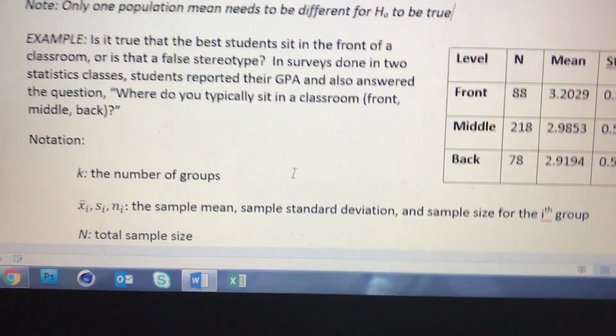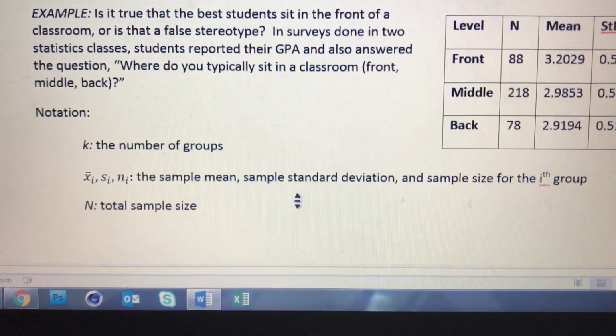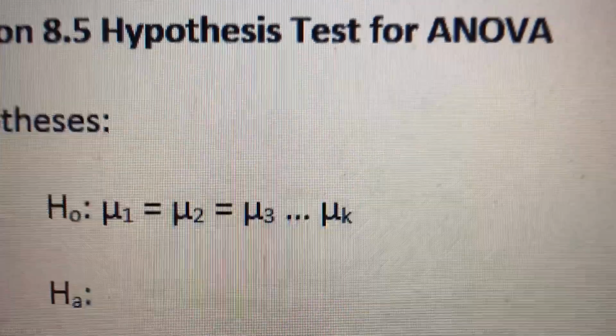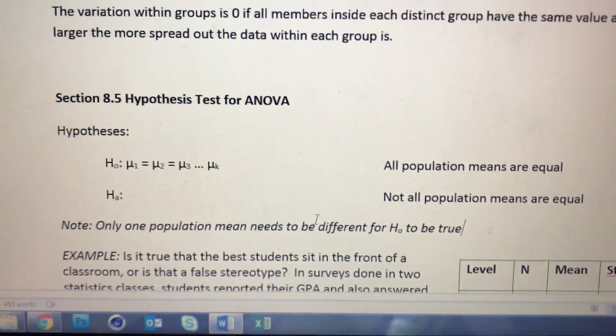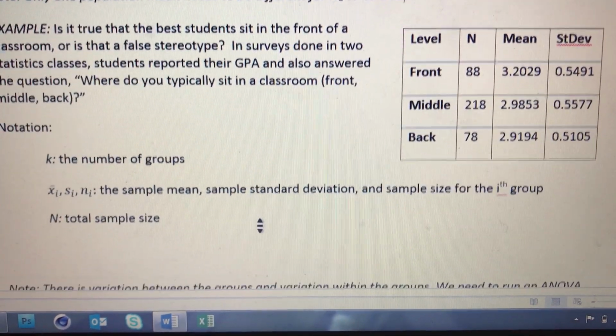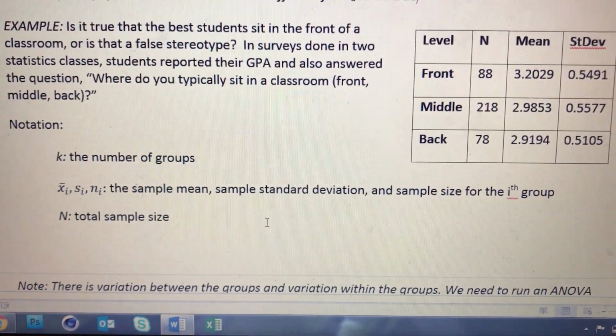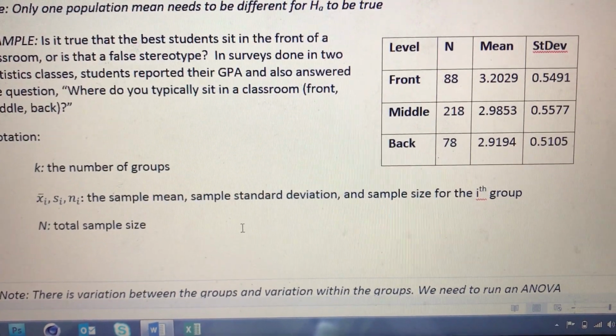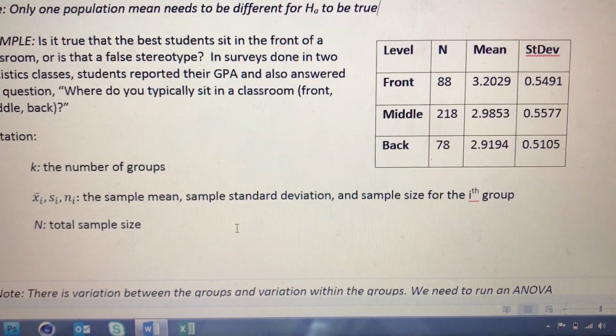A little bit of notation that is specific here to Chapter 8 material. K is going to be the number of groups, which is why up here I wrote mu sub k, because k will be the number of groups. X sub i bar, S sub i, and n sub i are going to be the sample mean, the sample standard deviation, and the sample size for the ith group.